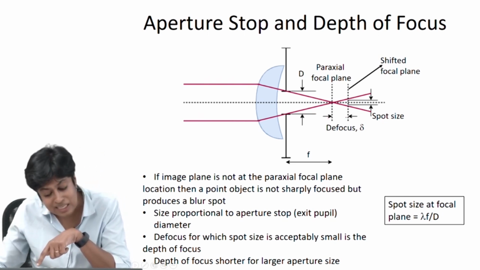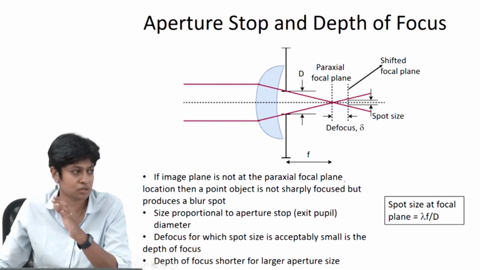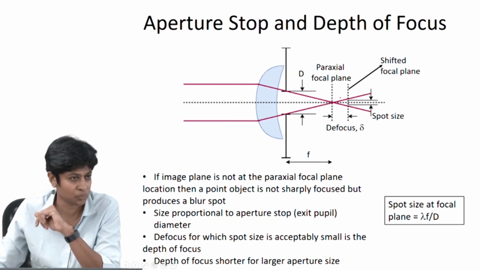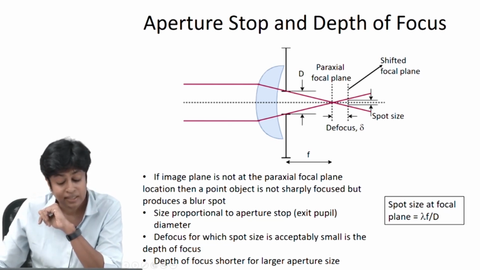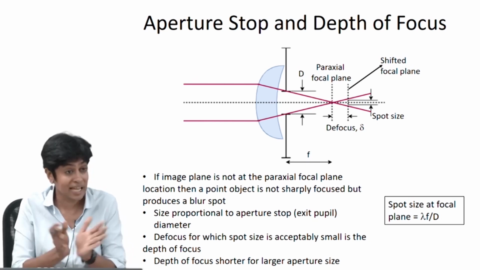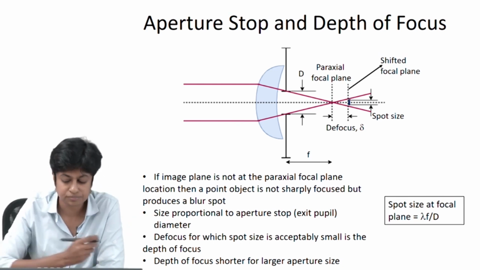If I go a slight difference or distance away, let's say I defocus, so instead of putting my image plane here, I go delta distance away. Now you can see that instead of having a point focus, the beam has diverged. So the focus now has this size.